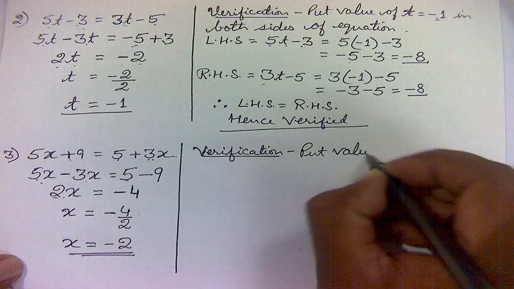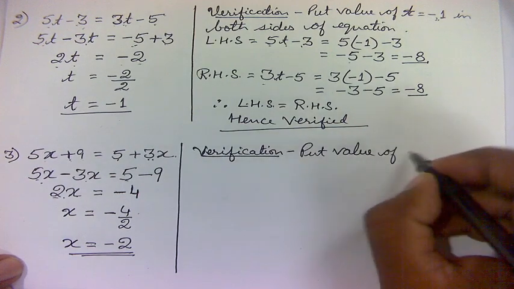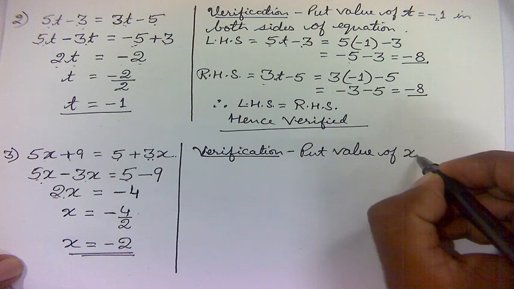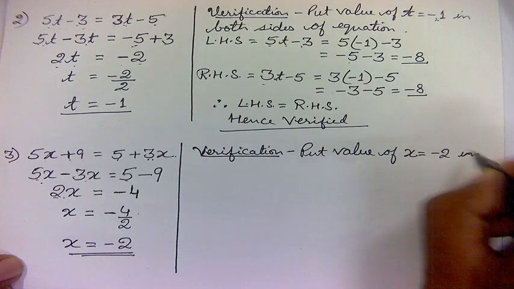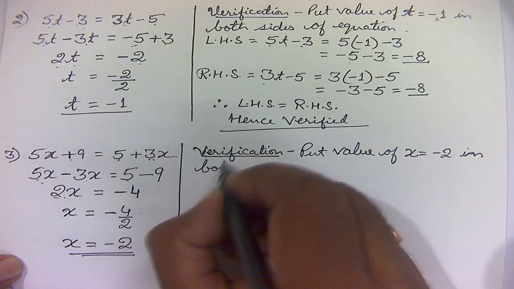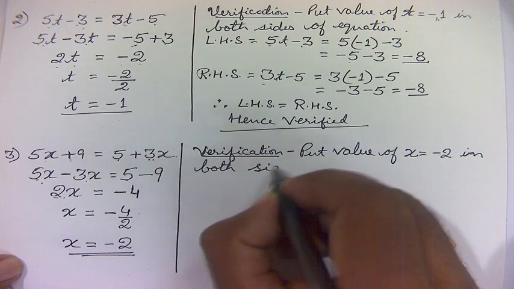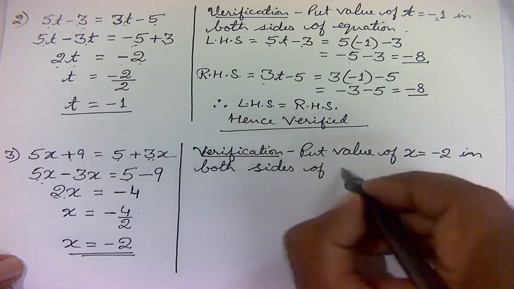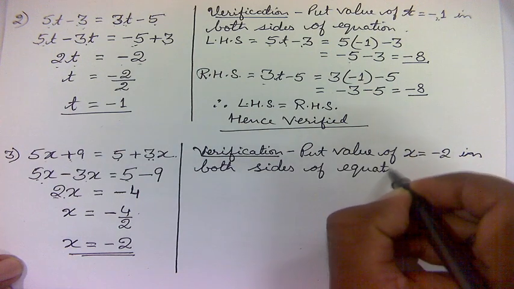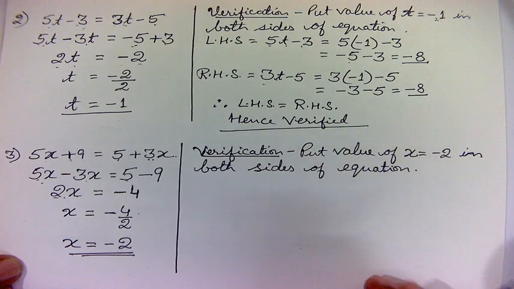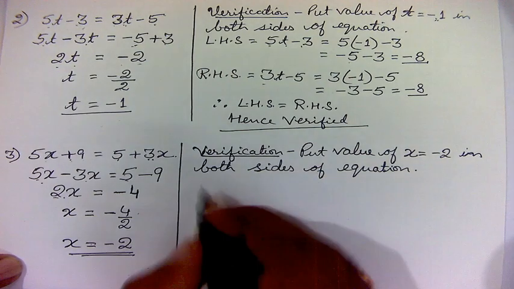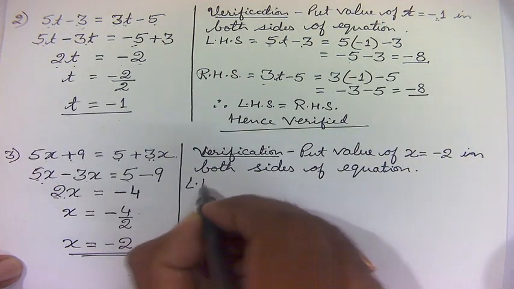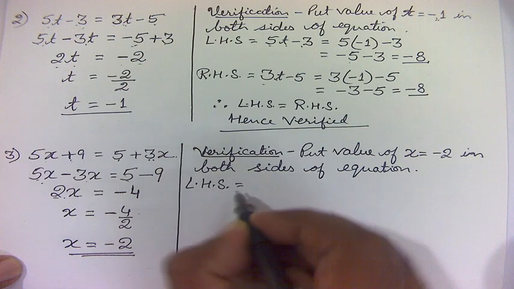We will put the value of x as minus 2 in both sides of the equation. Now if you put the value of minus 2 in the equation, then let us check what values do we get on both the sides.